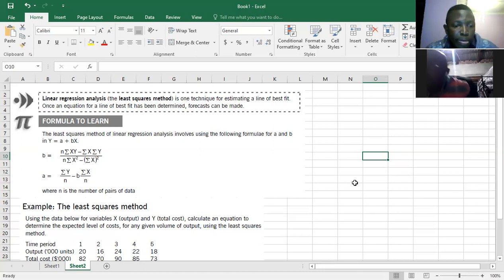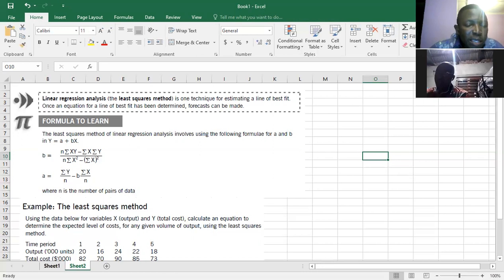Most of the columns in our previous example will be used, except as you can see, we don't have y squared, and we don't even have the square root here.